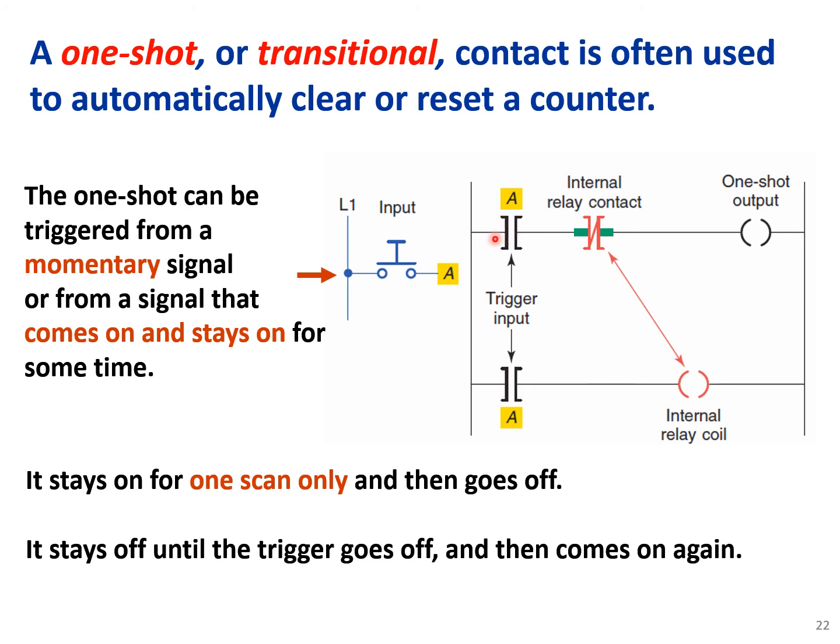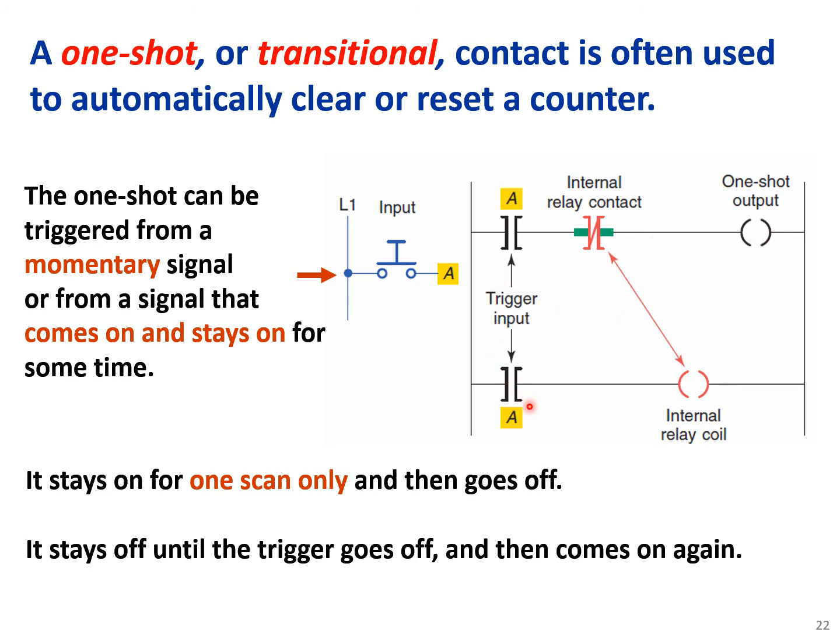At the beginning, when the input goes from false to true, or off to on, the internal relay contact, which is not a physical relay but an internal relay, is false, but the negated contact of that internal relay is true, so the one-shot output becomes true.